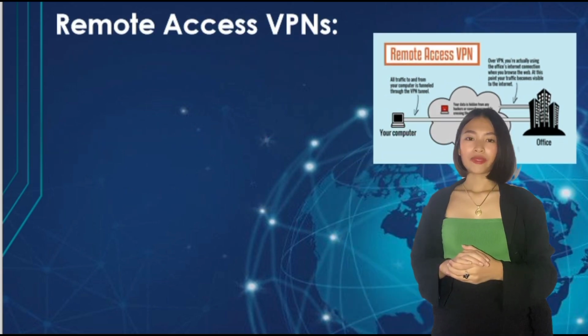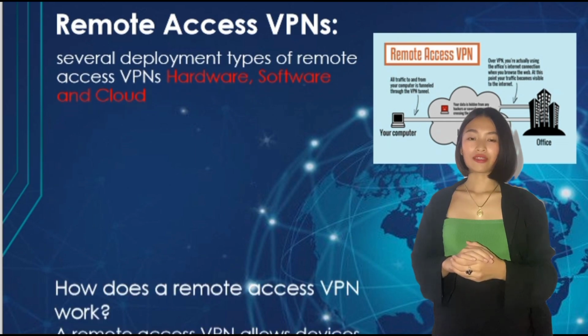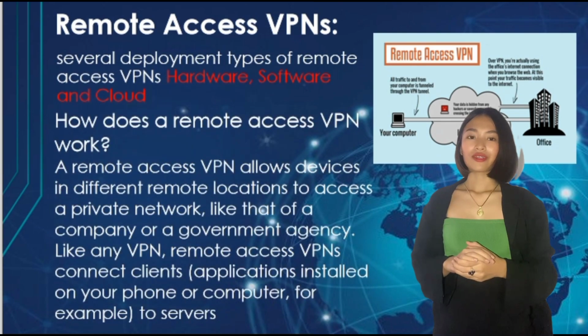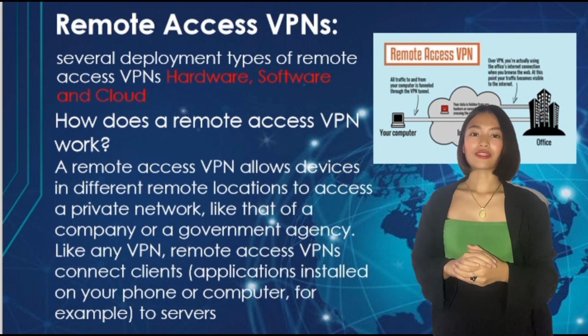Remote access VPNs can be deployed using hardware, software, or cloud services. It allows devices in different remote locations to access a private network, like a company or government agency.